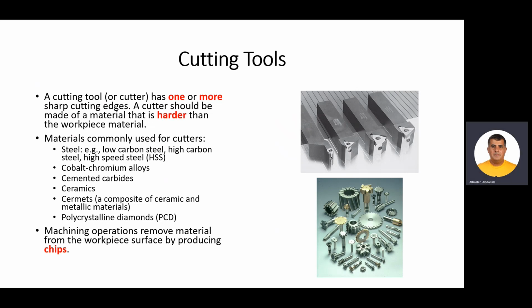Usually it's used for soft metals like aluminum, like copper. And it is cheap. Now, other materials are stronger but are more expensive, like cobalt chromium alloys, cemented carbides, ceramics, cermets, and polycrystalline diamonds.